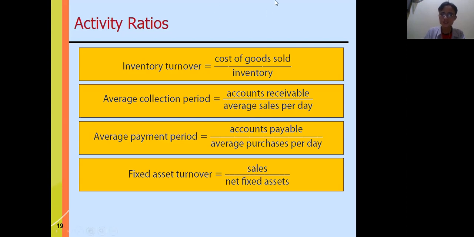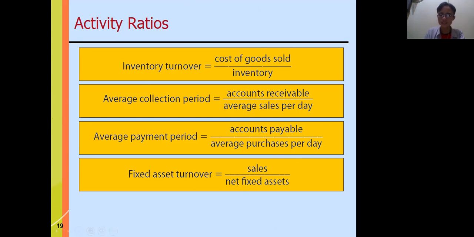For the payment period, or APP, that would be average accounts payable divided by average purchases per day, again divided by 365 days. Fixed asset turnover would be sales divided by our net fixed assets, net of depreciation or valuation allowances.